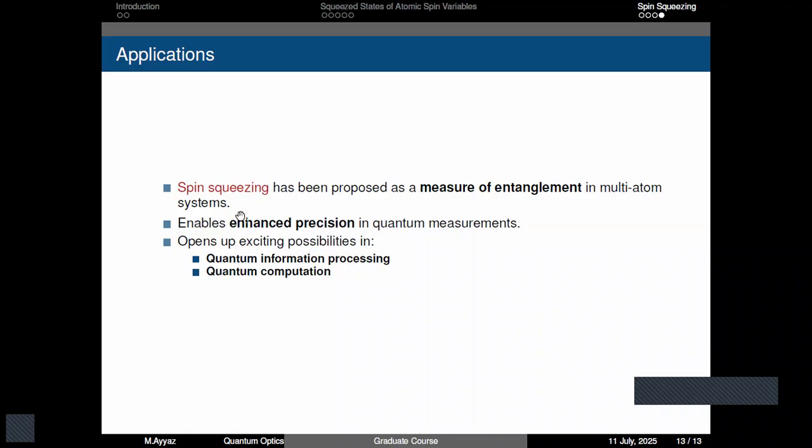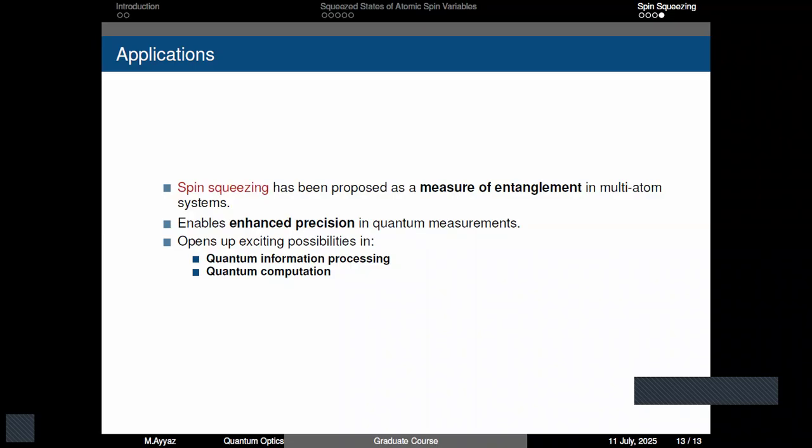This idea could be used for quantum metrology and enhanced precision measurements. And there could be open possibilities in applications like in the field of quantum information processing and quantum computation.